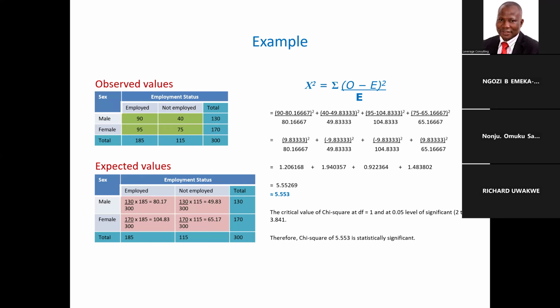When you summarize your raw data, you discover that there are 130 male, 170 female, 185 employed, 115 not employed. When you further break them down into male employed, male not employed, female employed, female not employed, those values in the green, 90, 40, 95, 75, are the observed values.